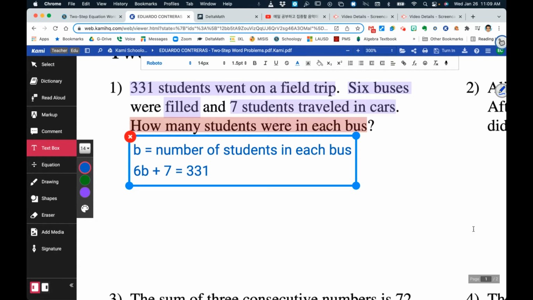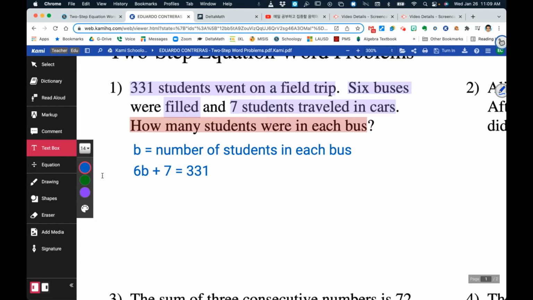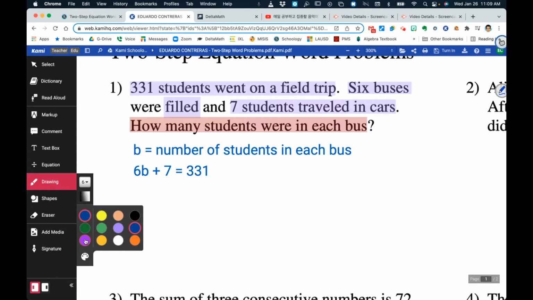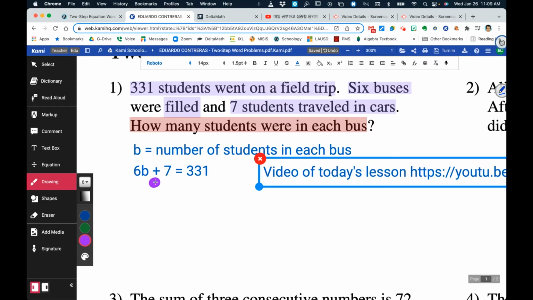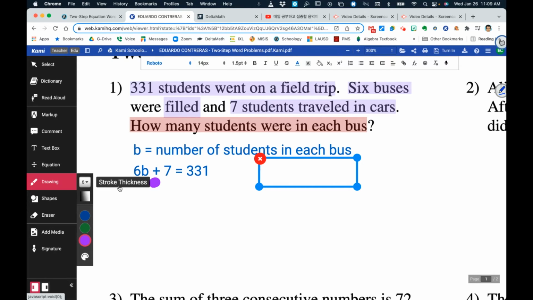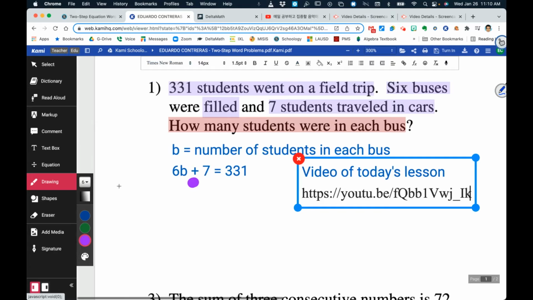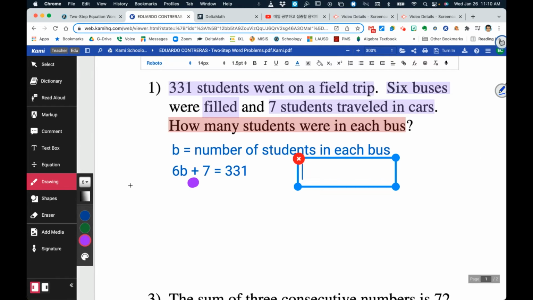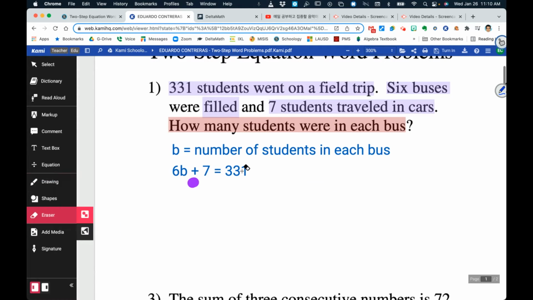All right. Well, now we got to solve this. Sometimes I find it easier to just use the drawing tool. If you want to type, you can.